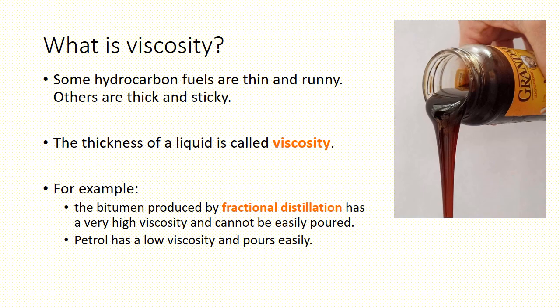If we talk about some examples within our fractional distillation fractions, then we could say that the bitumen which is produced is very viscous. It's very thick, it's the tar that we use on roads, so it cannot be poured easily, whereas petrol has a much lower viscosity and so pours really easily.